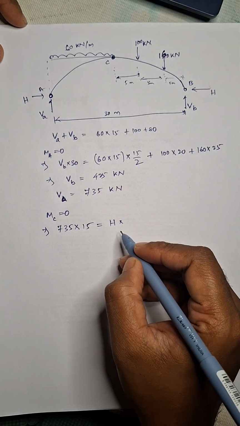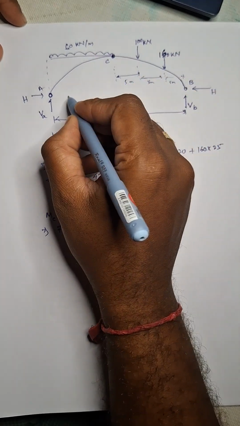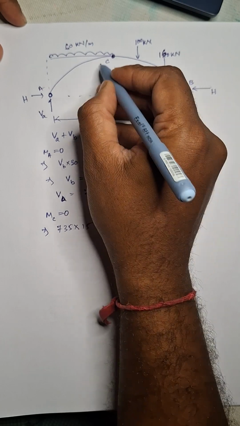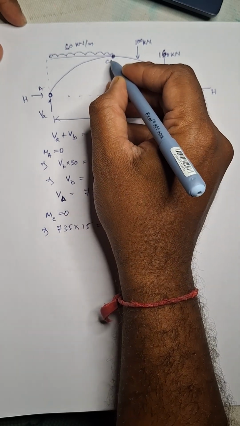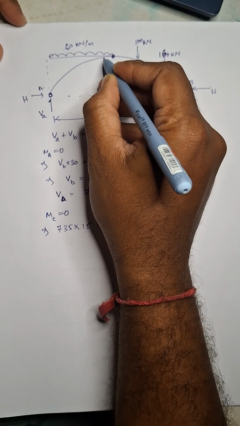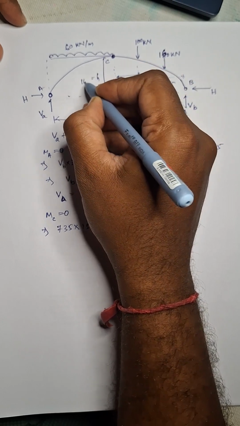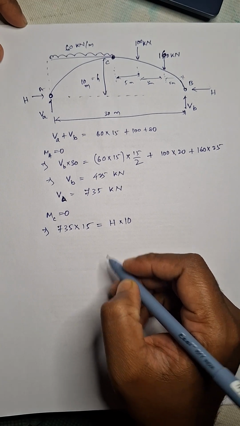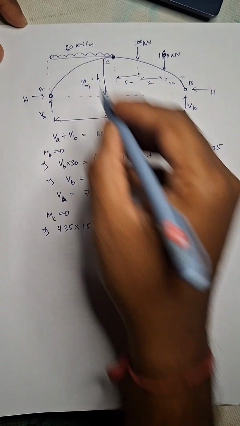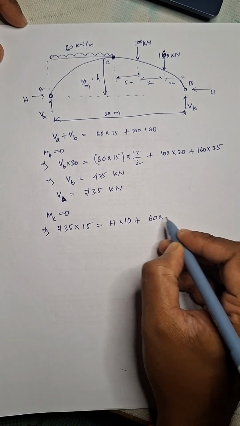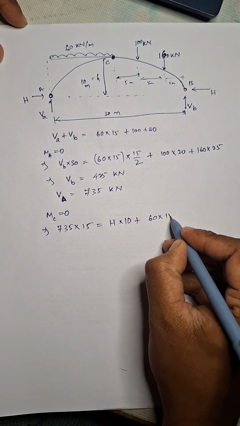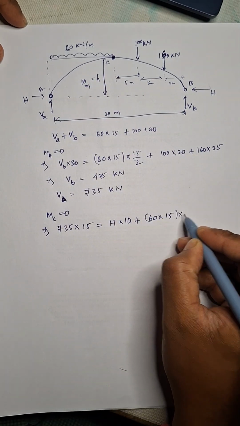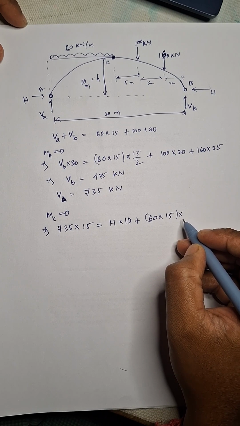What is the height? Is it given in the question? Yes, in the question it is given that the height is 10 meters, so H into 10, plus the loading of 60 into 15 into 15 by 2.